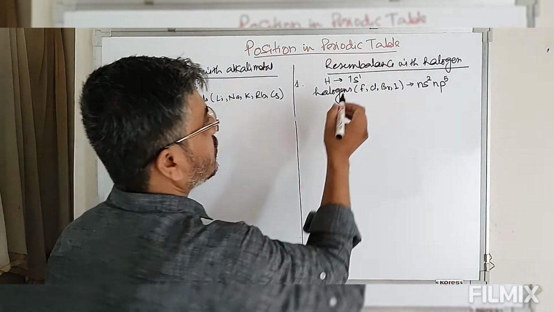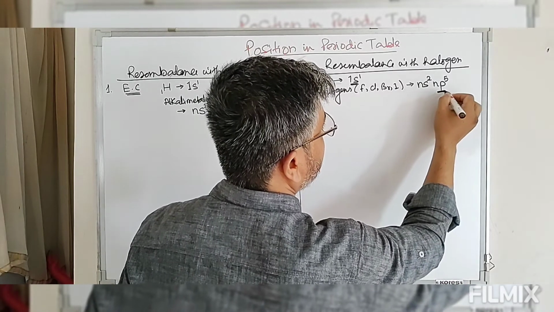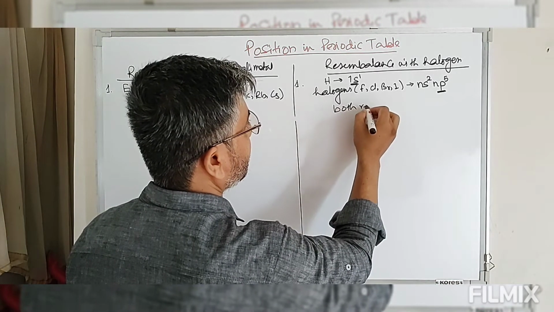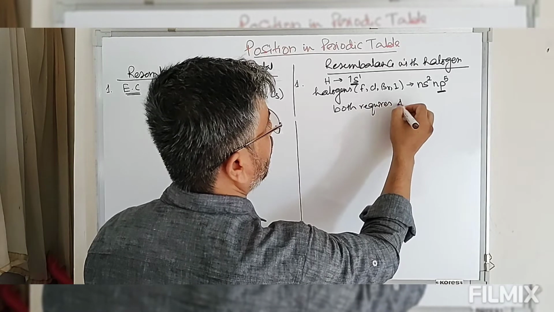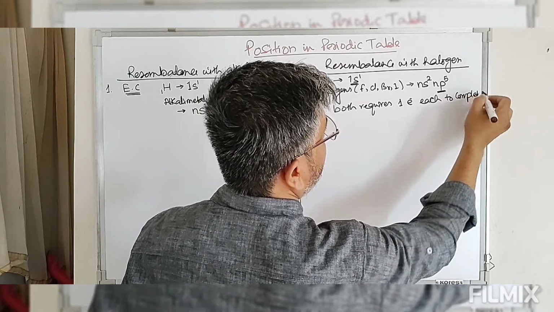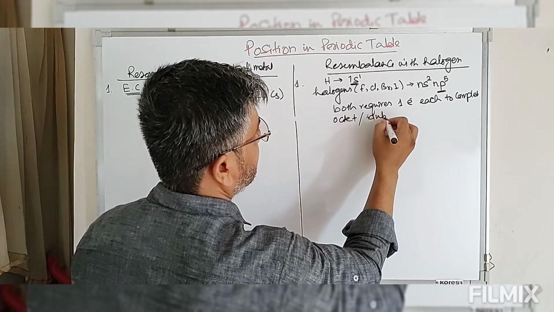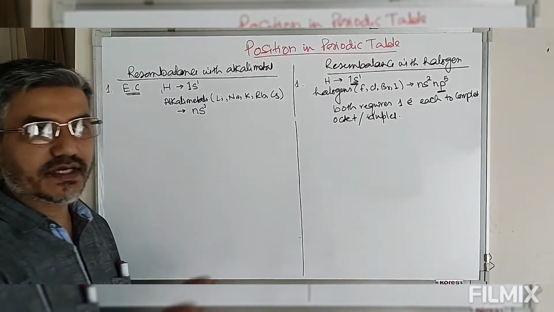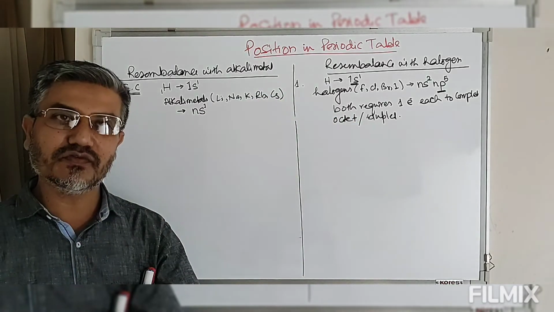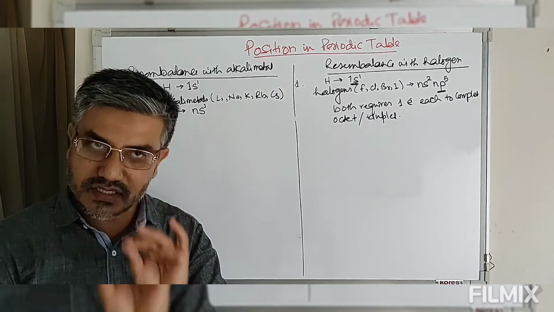Now if you look at this, it also requires one electron to complete its octet. So both require one electron each to complete the octet or duplet. That means to acquire noble gas configuration, both hydrogen and halogens require one electron. So in terms of electron requirement, both hydrogen and halogens should have similarities in properties.